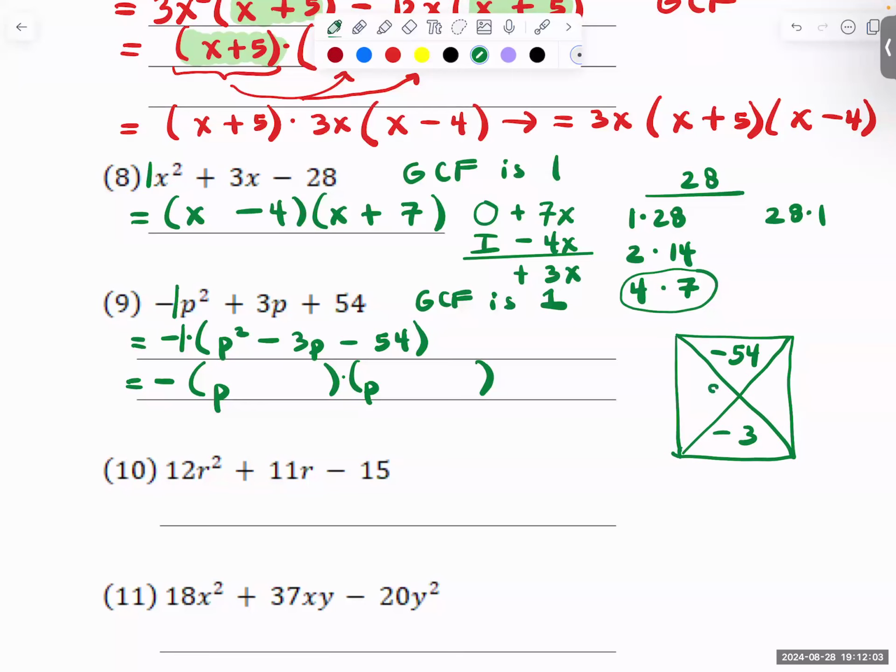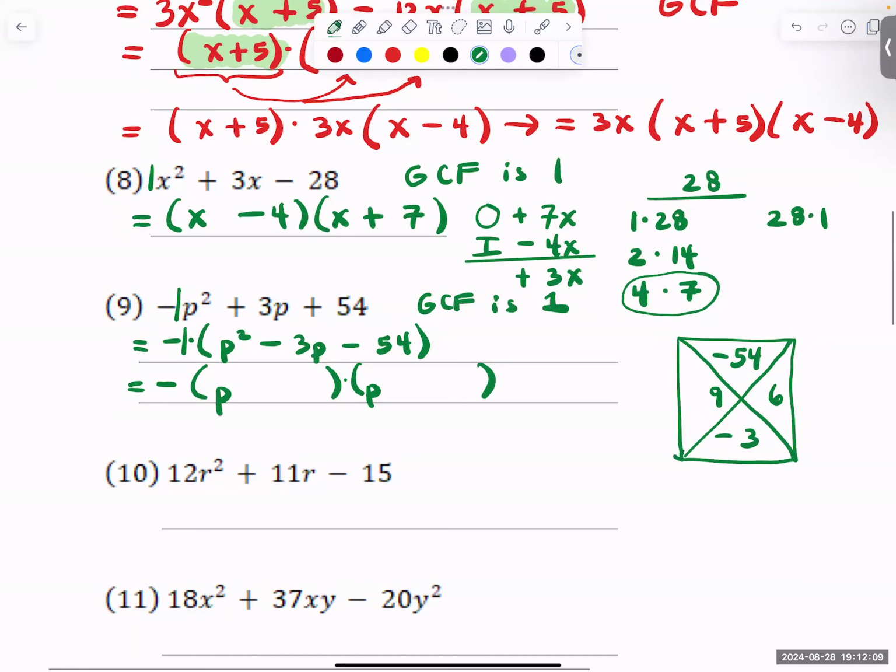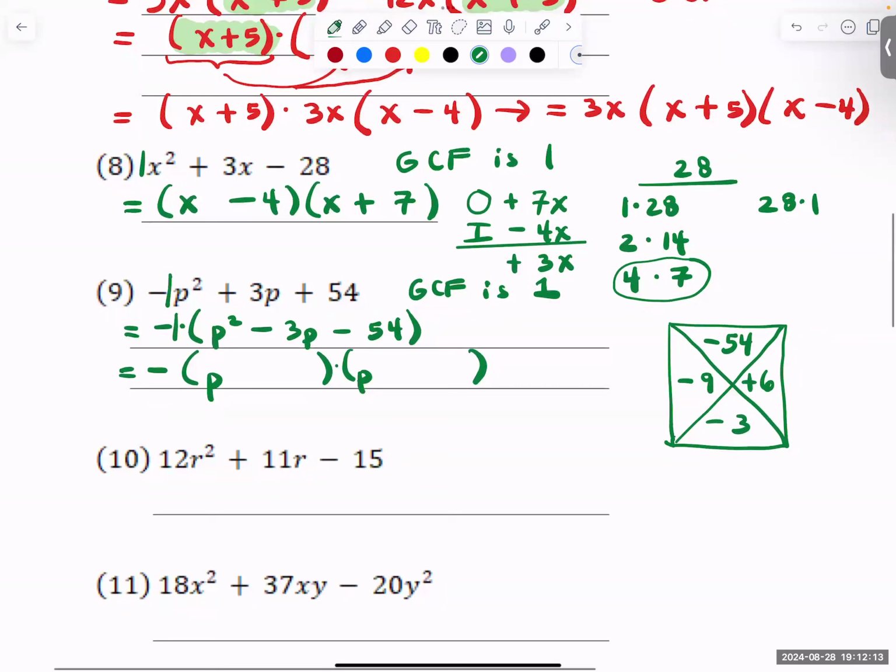And since 9 times 6 is 54, and we want a -3 as a sum, we need -9 and +6, whose product is -54. So we need a -9 and a +6. You can also just do in FOIL the outer product O and the inner product I, and you can figure out the signs that way as well.